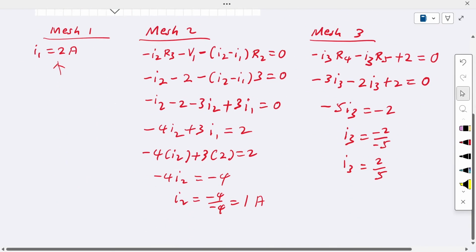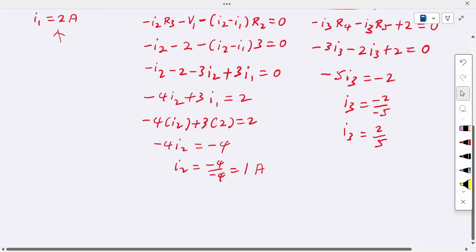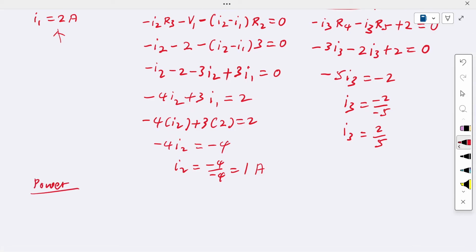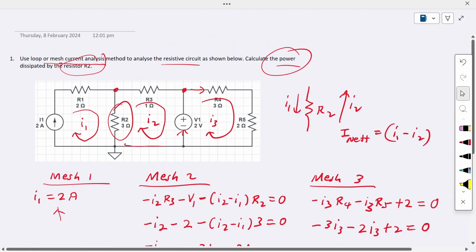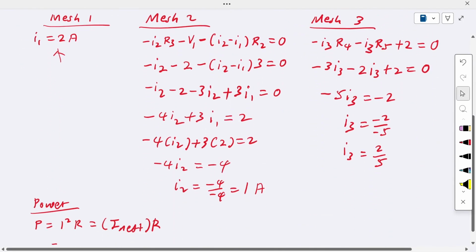Okay, so we want to calculate the power. So in that case, power is given as P equals I squared R, right? So I squared is the net current times the resistance R. So in this case, what is I net? I net here is equal to I1 minus I2.